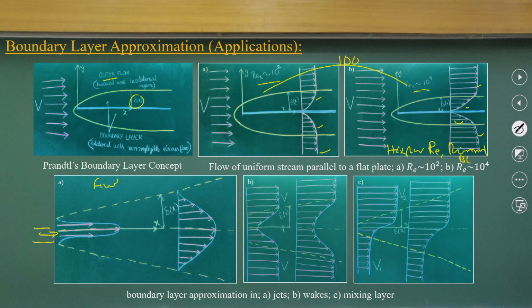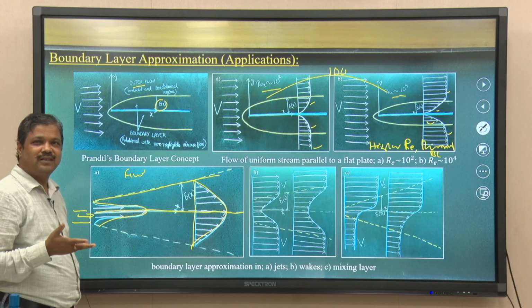If a water jet is happening, you can see that the velocity distribution will be like this. If you look, this is the boundary layer, and symmetrically this is the boundary layer, even in the case of jet flow.